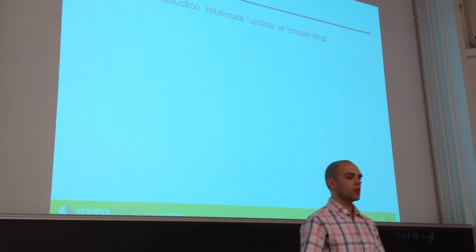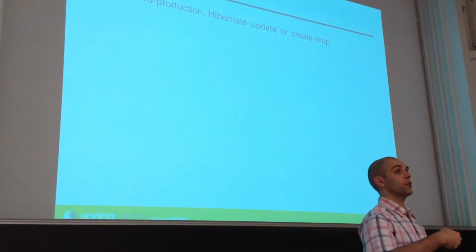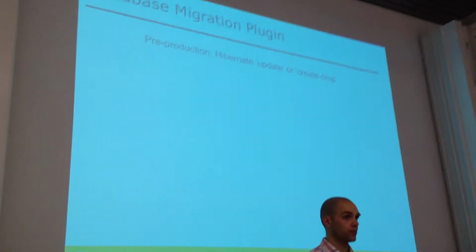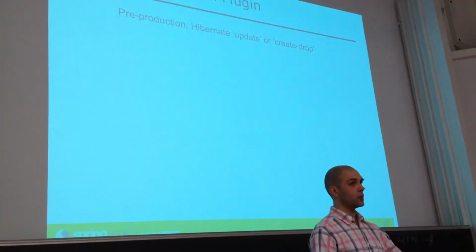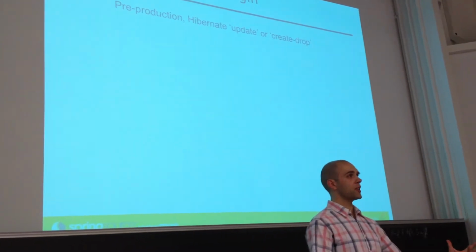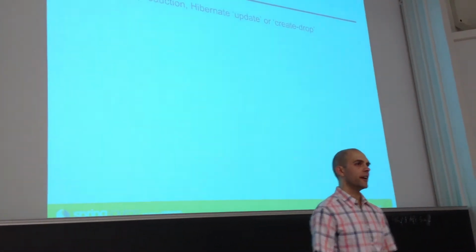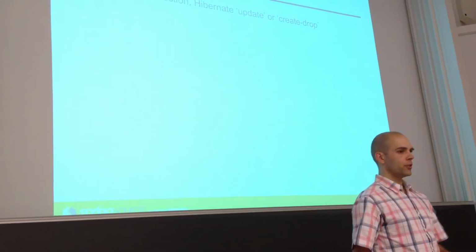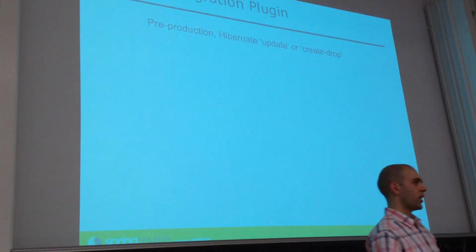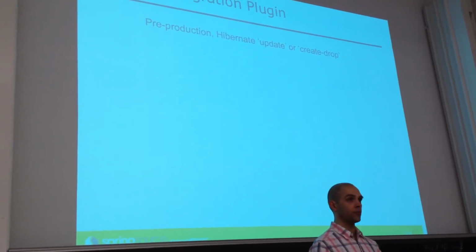So for a long while, you had a couple of choices when it came to database migration. When you've got a schema-based database and you've got production data in there, and you want to go from one version of the application to another, you don't want to use Hibernate, because Hibernate can't handle things such as a simple column rename.